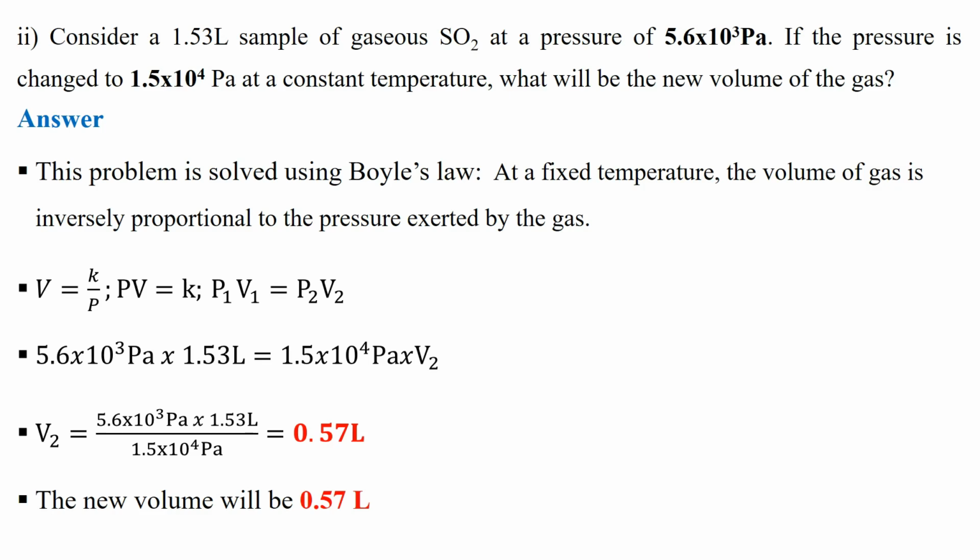We also have the pressure P1, which is 5.6 times 10 to the power 3 Pascal. We have the second pressure after changing the pressure, which is 1.5 times 10 to the power 4 Pascal. Then we need to calculate the second volume after changing the pressure. After replacing the values, we calculate V2 and we obtain 0.57 liter as the new volume after changing the pressure.